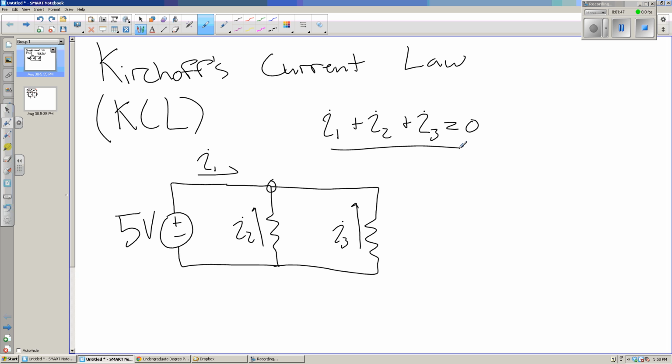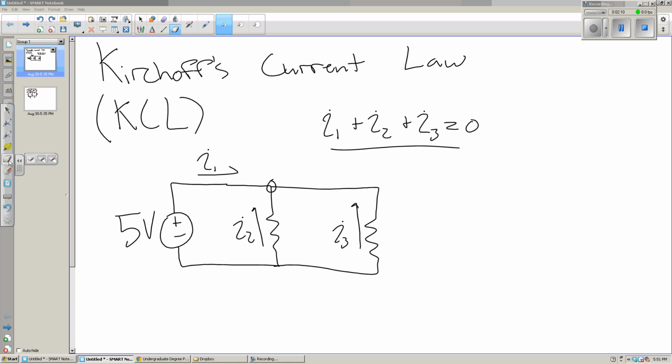We have a large current coming from the source, I1, that branches into I2 and I3. It could be that I2 and I1 are facing correctly, but I3 needs to be reversed and flows down that resistor rather than up. Regardless, if you set it up like this, just be consistent.